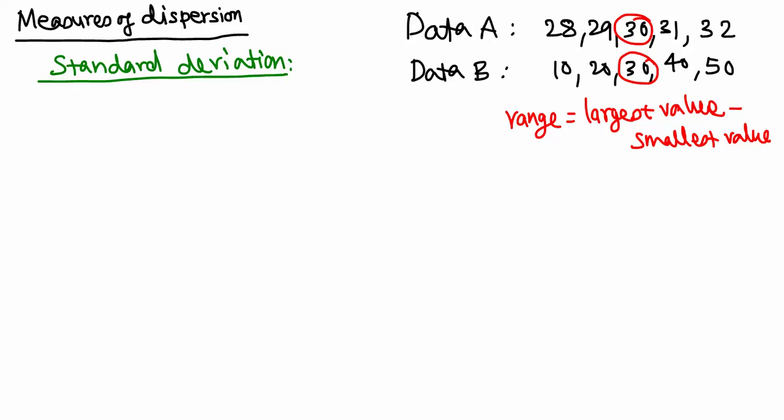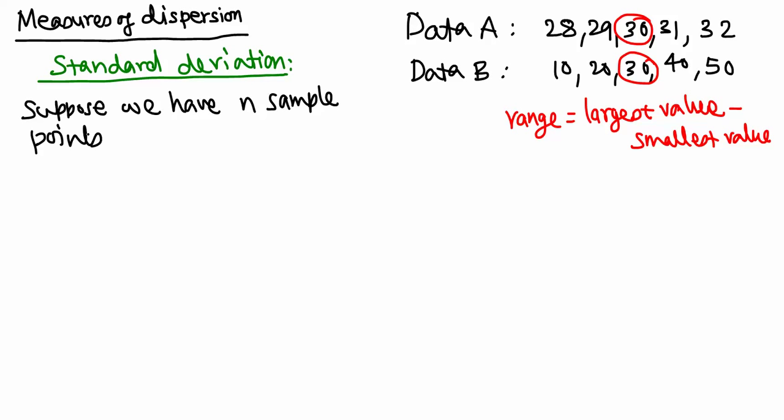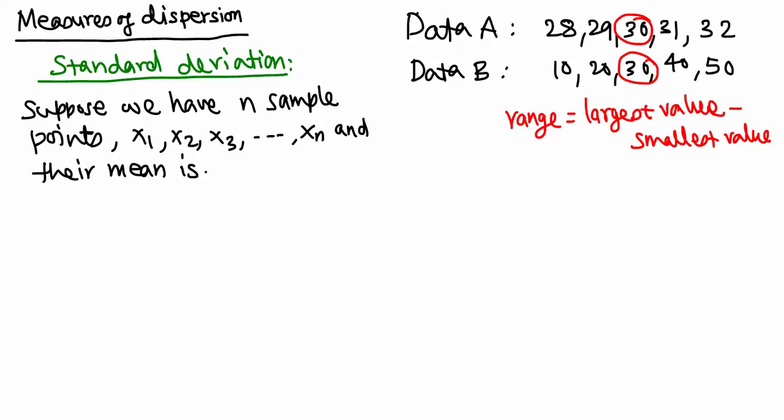Suppose we have n sample points of a big data set, let's say x1, x2, x3, all the way to xn, and their mean, or the average, is x bar.